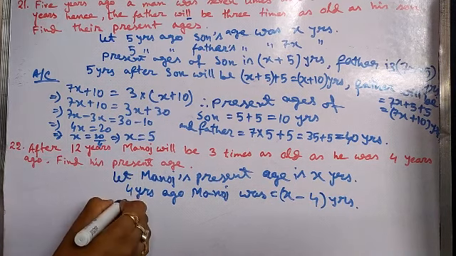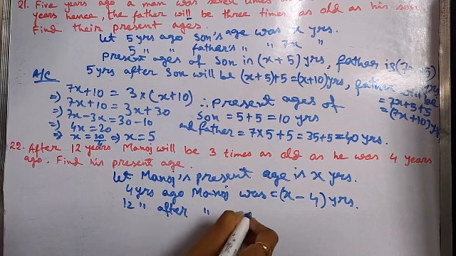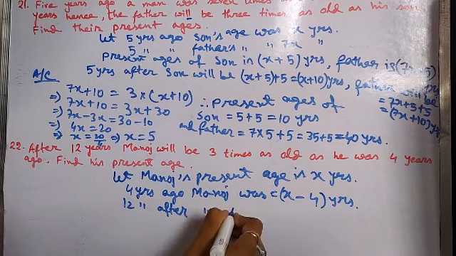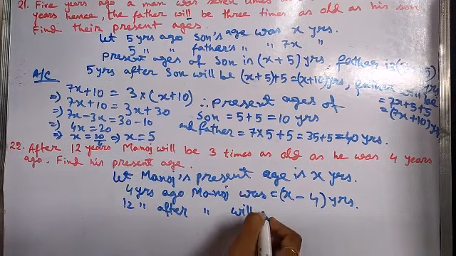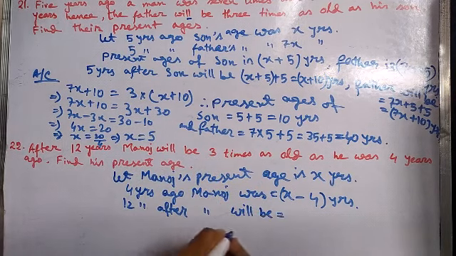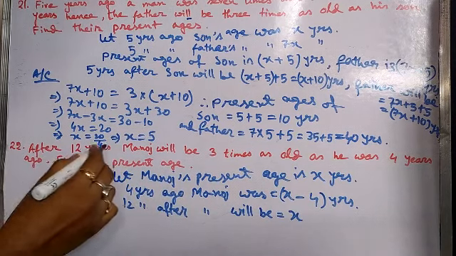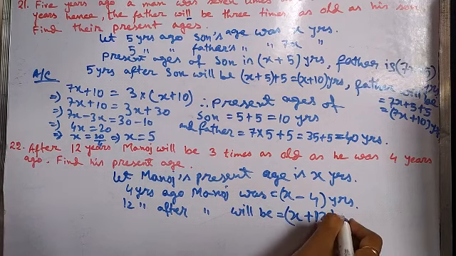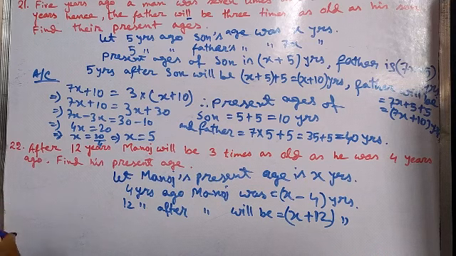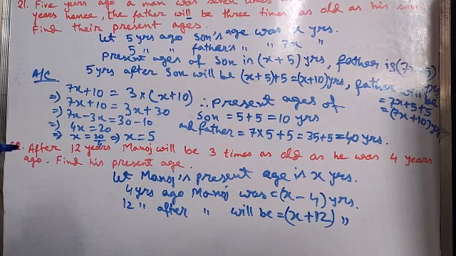and 12 years after Manoj will be, that means plus will be there. So present age is x, after 12 years that means plus 12. Now the condition is 3 times as old as he was 4 years ago.